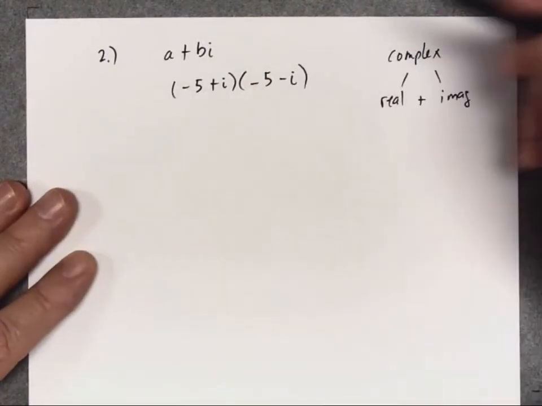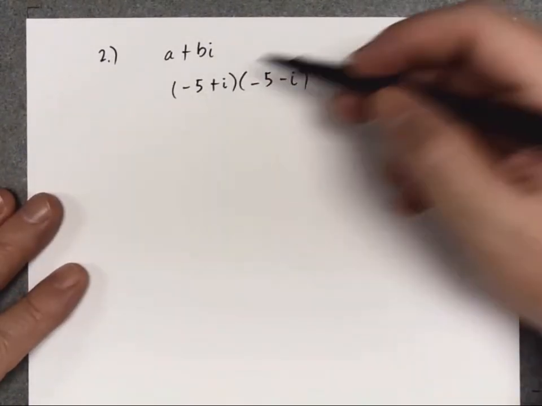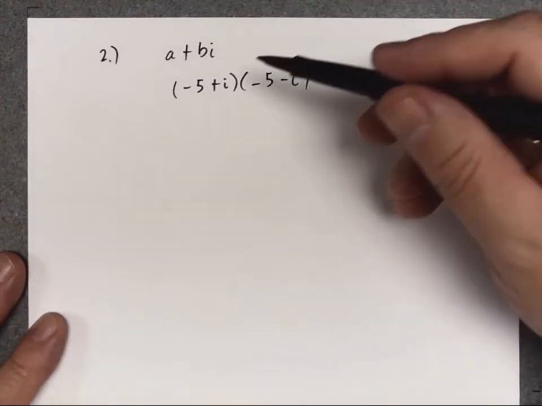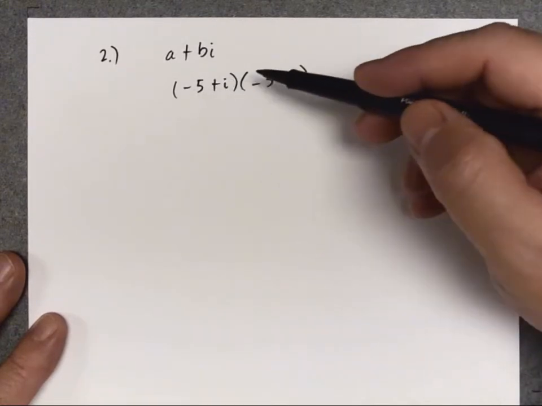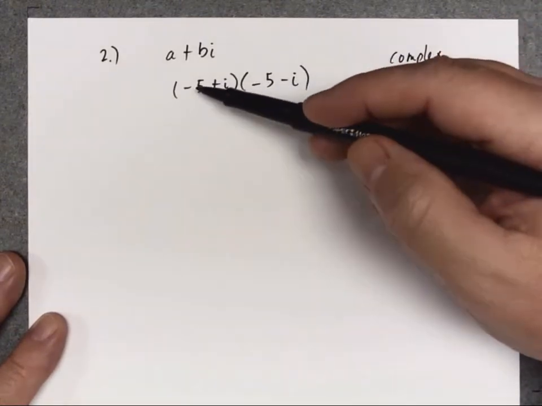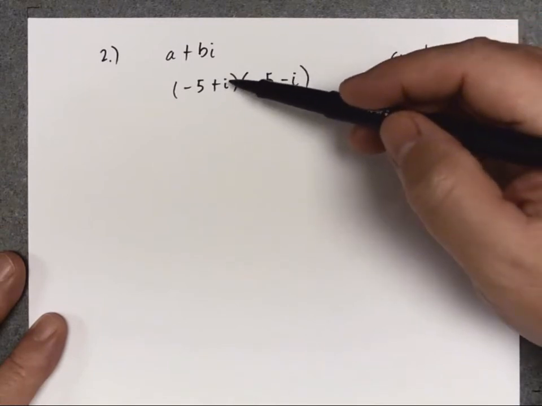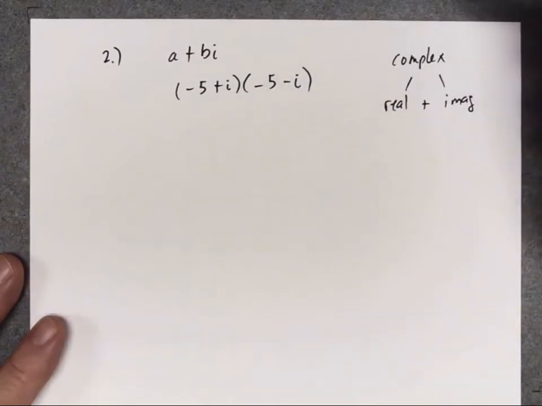The real part is just the number, and the imaginary part is the part with the i. So in this case, we have two complex numbers, -5 plus i times -5 minus i. -5 and -5 are the real parts. The imaginary parts are i and minus i.